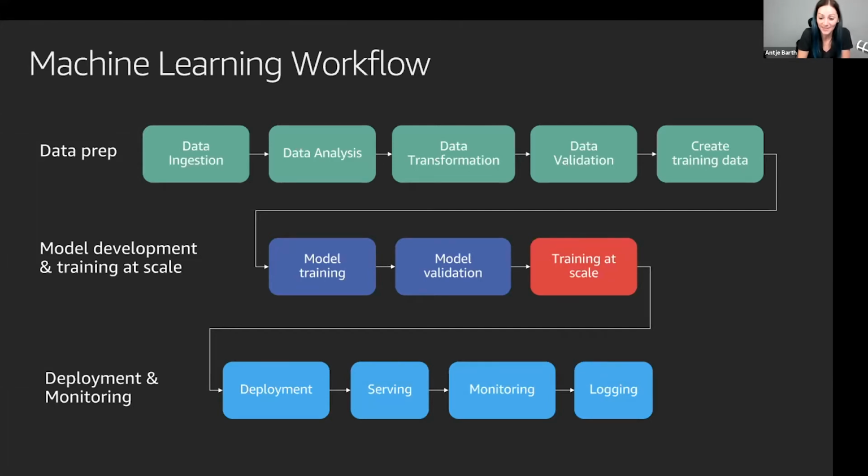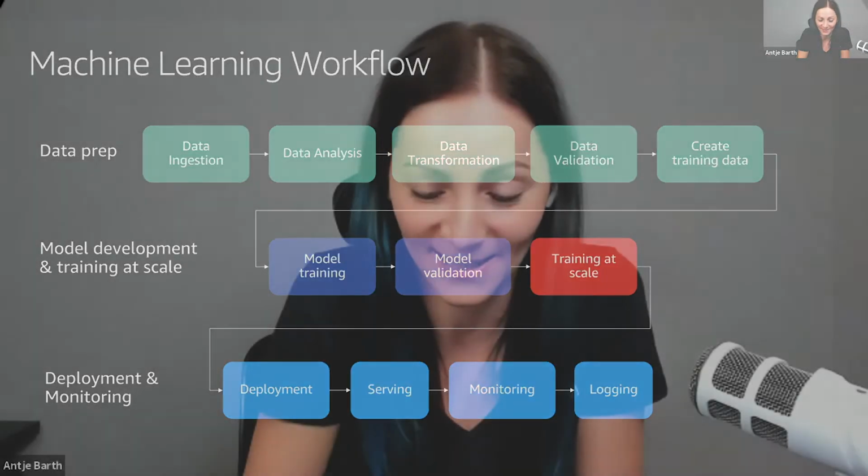And once you have that, you can then do what I call train at scale. This is where you really want to use all of your training data available, and you probably want to implement some distributed training to speed up the process, etc. And then once you have your trained model, you can deploy it into a production environment and start serving predictions to your applications.